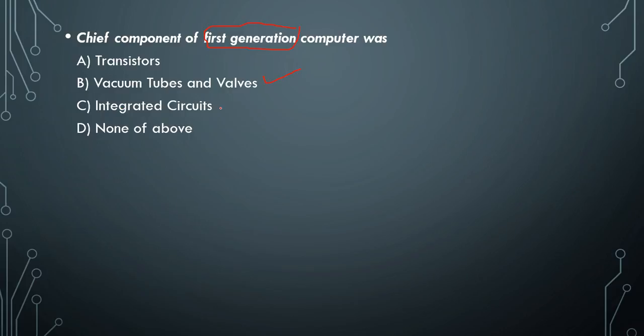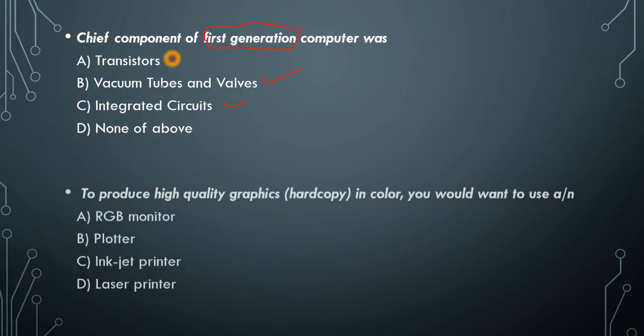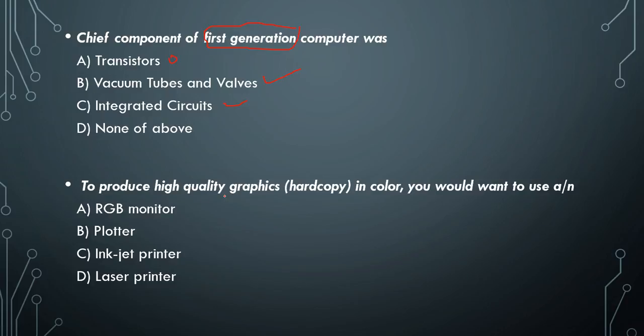The third was integrated circuits, and we can simply presume the second generation. So we got our four generations covered in this video itself. We can go on to the later part to grab more knowledge of these generations of computers. Then, to produce high quality graphics, hard copy in color, you would want to use a plotter. High quality will always be the plotter.